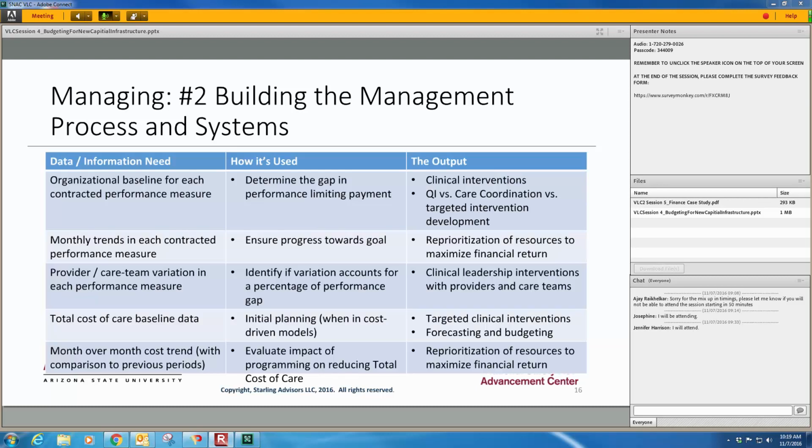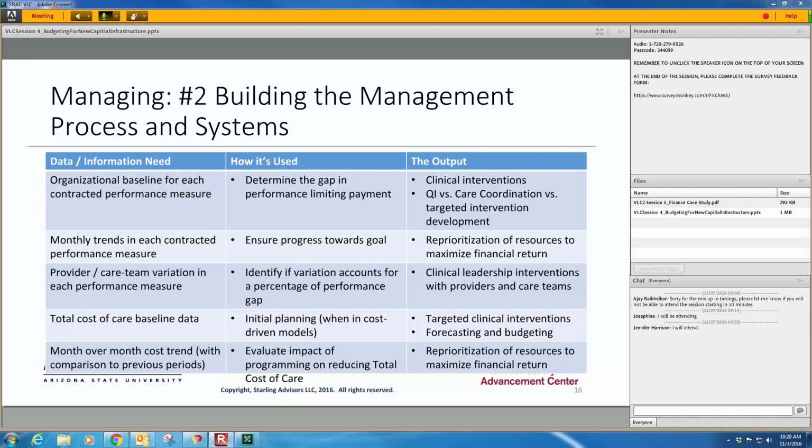To get started, you need a couple of things, an organizational baseline for each contracted performance measure. So if you're going to be held accountable for either a clinical outcome or a financial outcome, you're going to want to determine what the gap in performance is, and then come to financial terms on what you can fund in terms of clinical interventions.